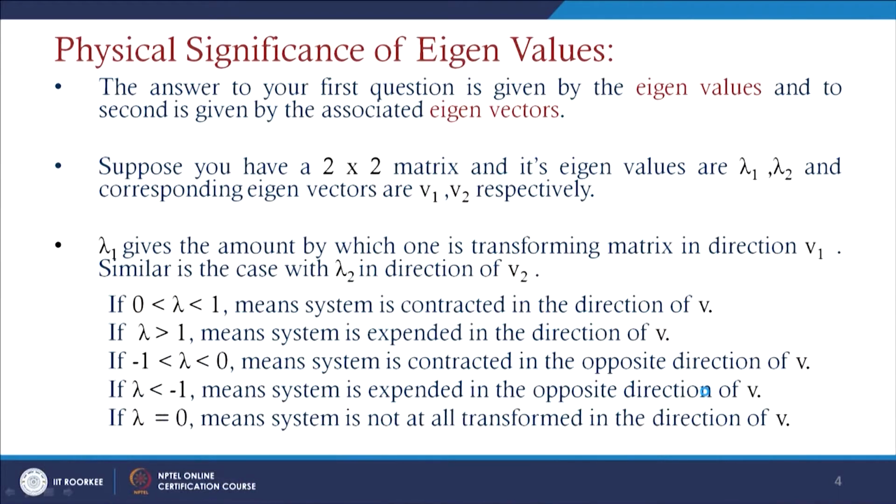If the eigenvalue lies between 0 and 1, the system is contracted in the direction of V, since it is a bounded system. If lambda is greater than 1, we are going farther from 1, which means the system is expanded in the direction of V. And if lambda is greater than minus 1 and less than 0, then the system is contracted in the opposite direction.